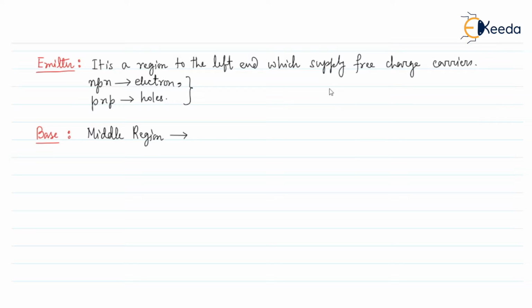For a PNP transistor the base region is of N type, and for an NPN transistor the base region is of P type. The majority carriers from the emitter region are injected into this region, and this region is very thin, the thinnest region we can say.